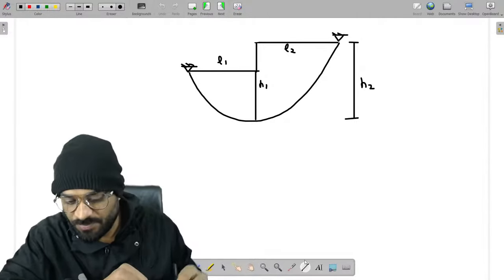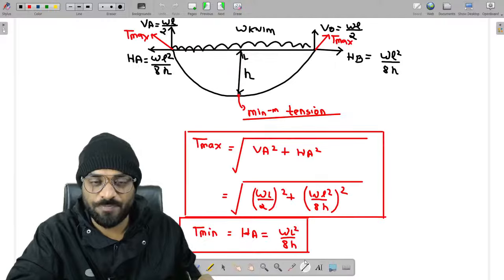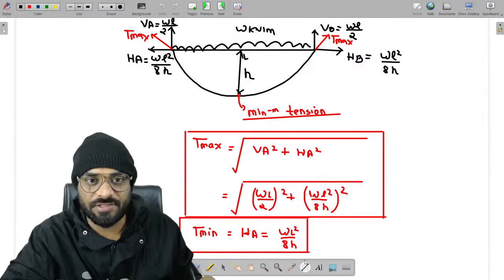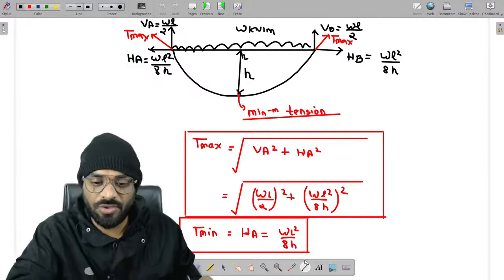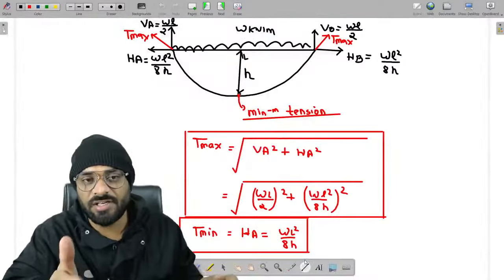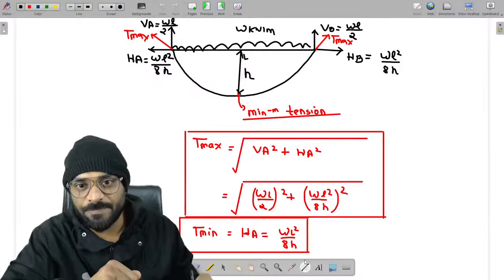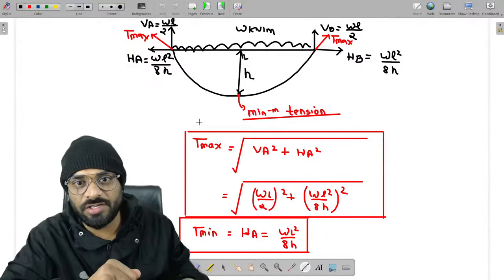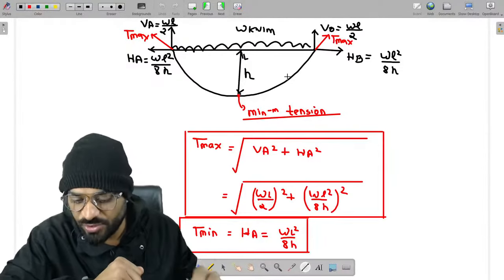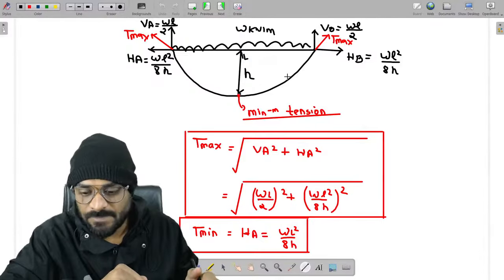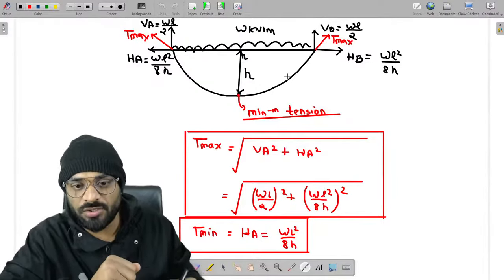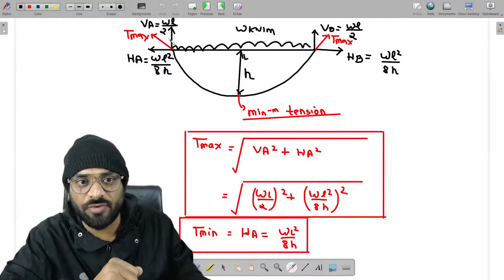Prashant, listen, what you have to do. Prashant, tell me, do you know how to find out the vertical reaction and horizontal reaction in this case? How many of you do not know this? How to find out vertical and horizontal reaction?